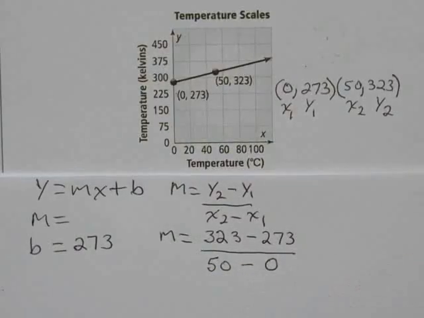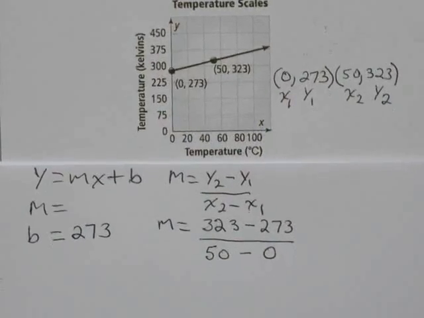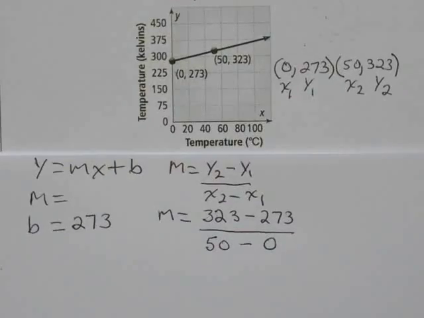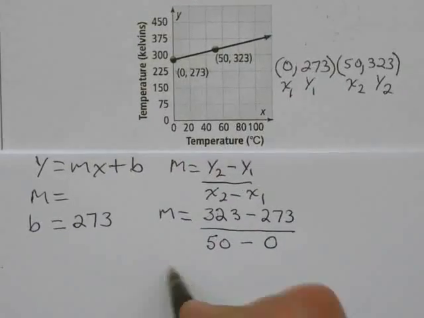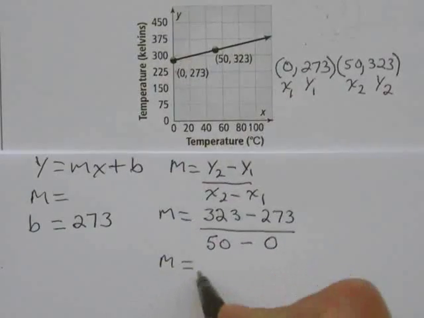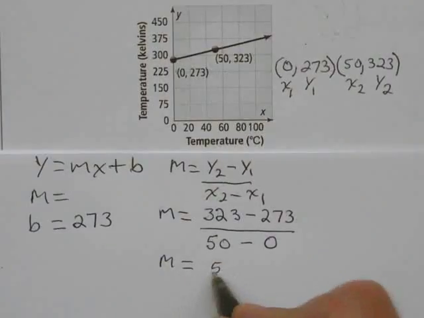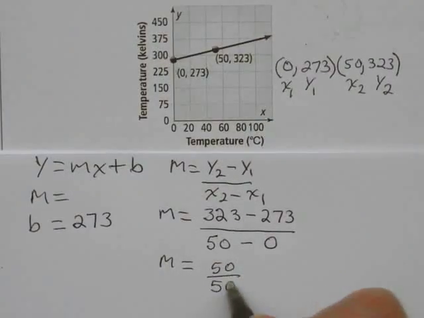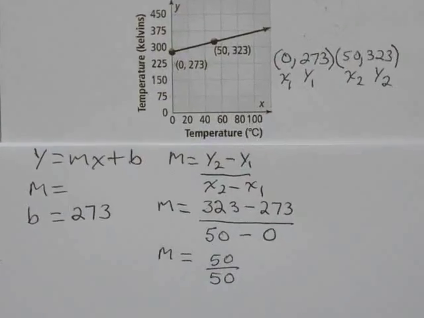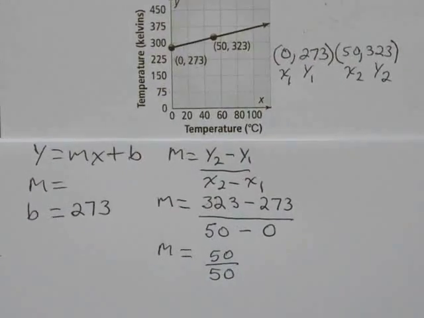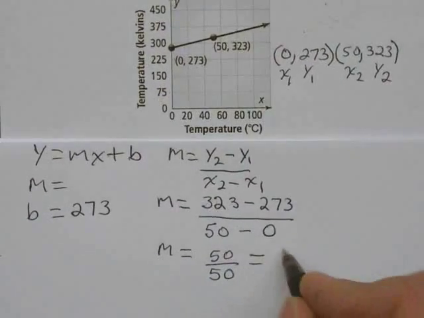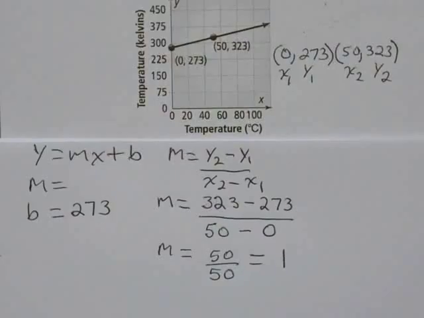I'm going to slide this up just a bit more. And this will become, m is going to equal 50 over 50, which means that the slope of this line is 1.